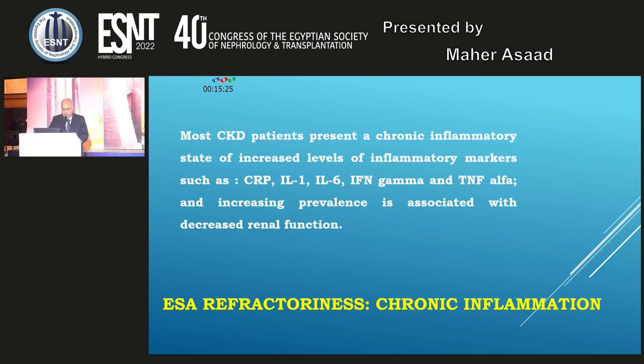The second important cause is the presence of chronic inflammation. Most chronic kidney disease patients present a chronic inflammatory state with increased levels of inflammatory markers such as C-reactive protein, interleukin-1, interleukin-6, interferon gamma, and tumor necrosis factor alpha, and increasing prevalence is associated with decreased renal function.